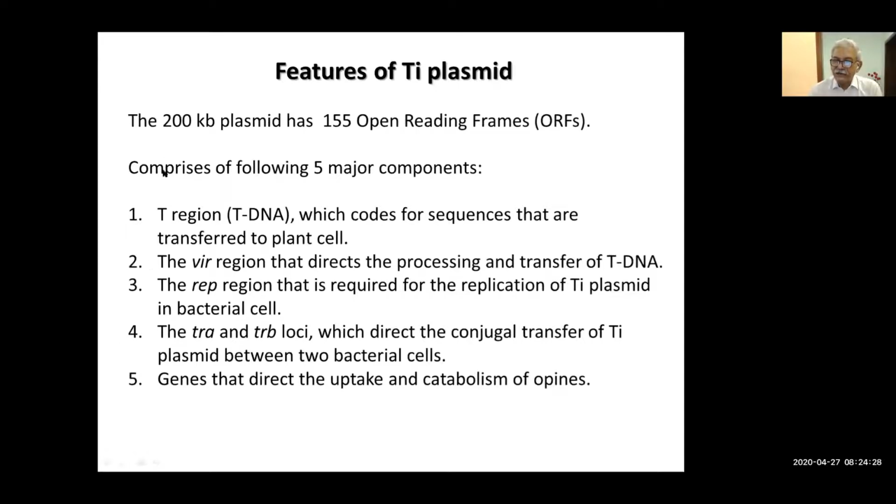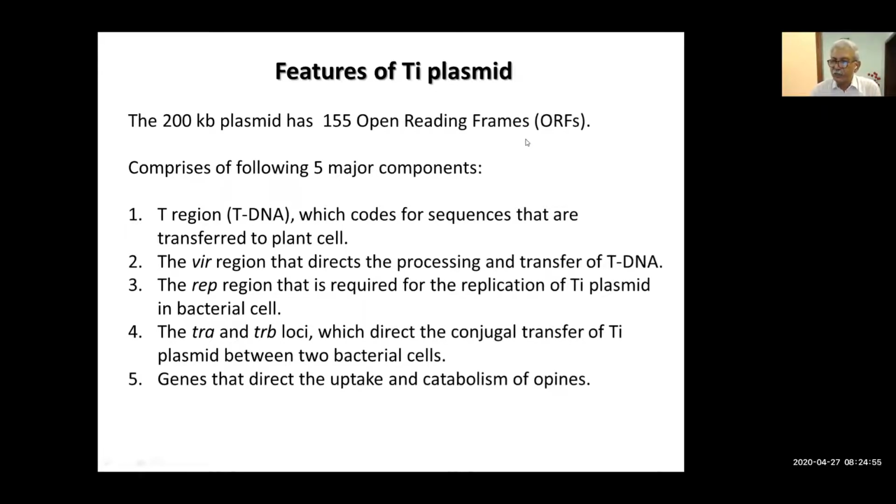Now, as I mentioned, the 200 kb plasmid has 155 open reading frames, meaning the Ti plasmid, which is the wild type, has 155 different genes which are required by the bacterium for different purposes. But we are not interested in all the 155 genes.